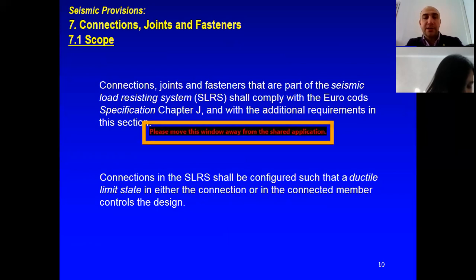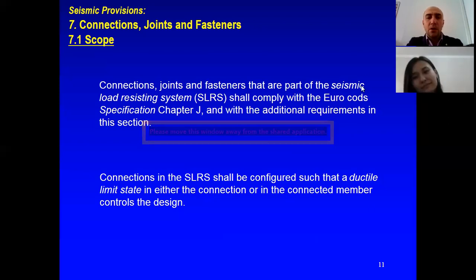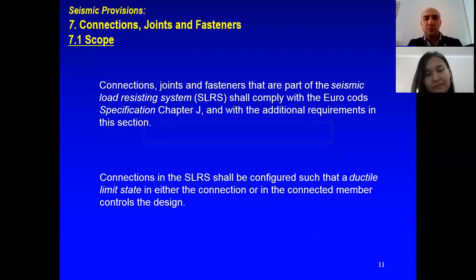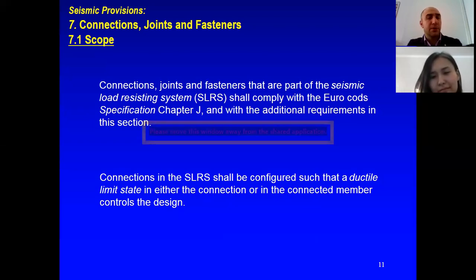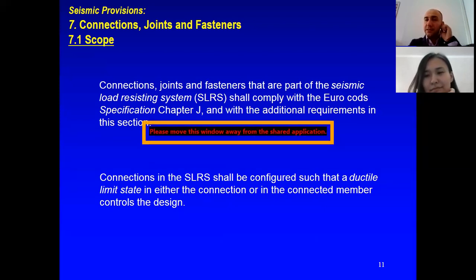The required strengths for non-ductile limit states in connections, like bolt fractures, plates, and buckling of plates, should all be based on the expected yield strength.